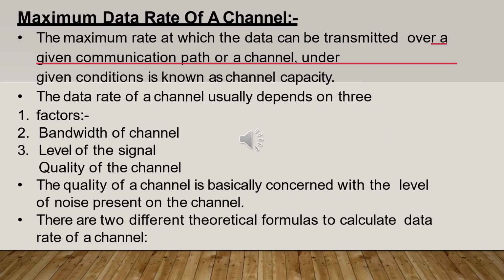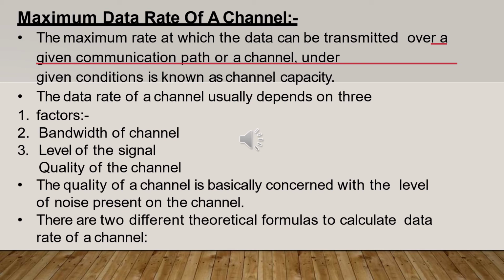Now, what is the maximum data rate of a channel? Basically, the maximum rate at which data can be transmitted over a given communication path or channel under given conditions is known as the channel capacity. The data rate of a channel usually depends on the following factors, right?